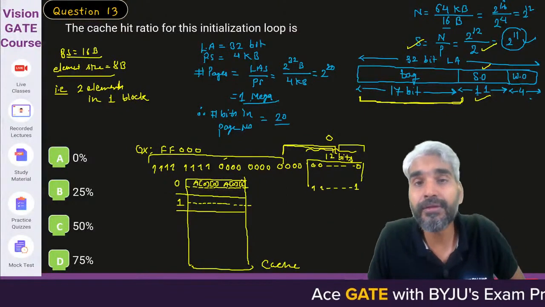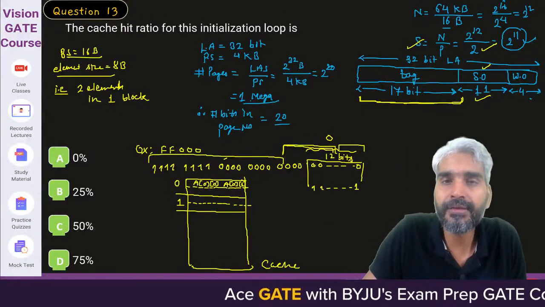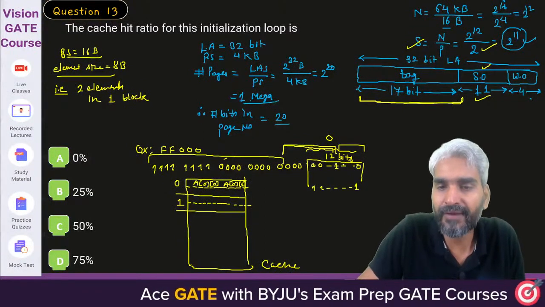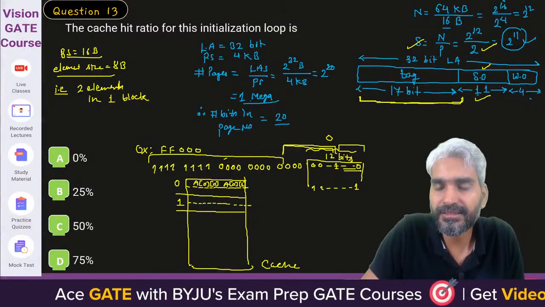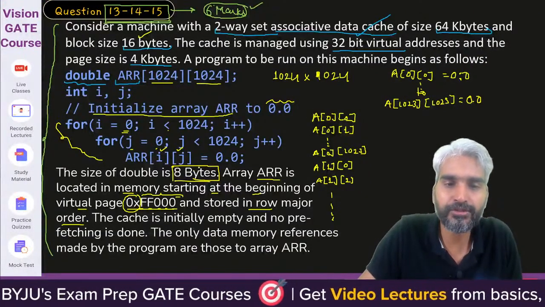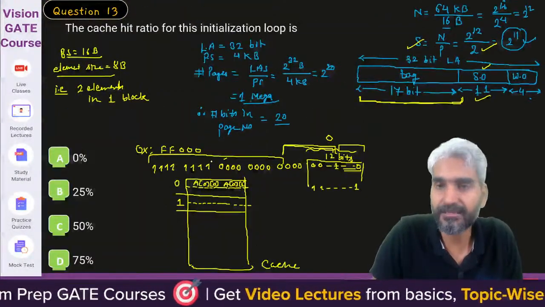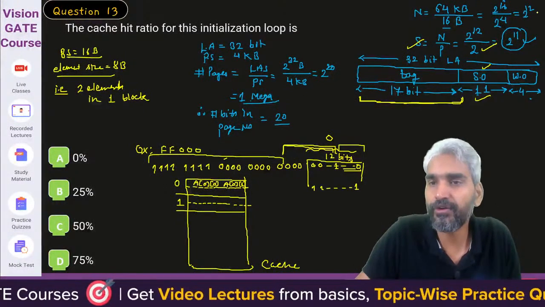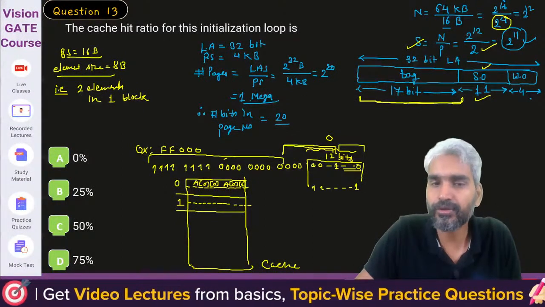Now what will happen? Where will the next element be placed? Please try to understand. You are storing 16 bytes of information in one cache line.